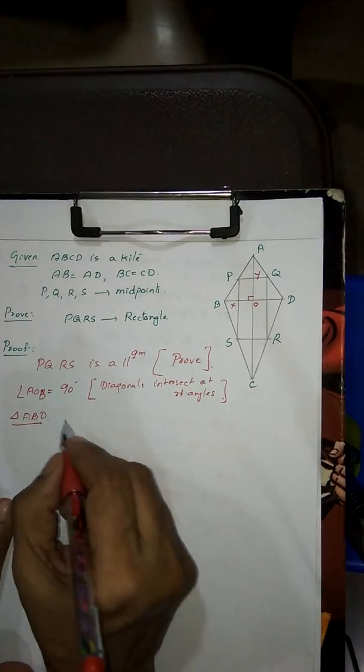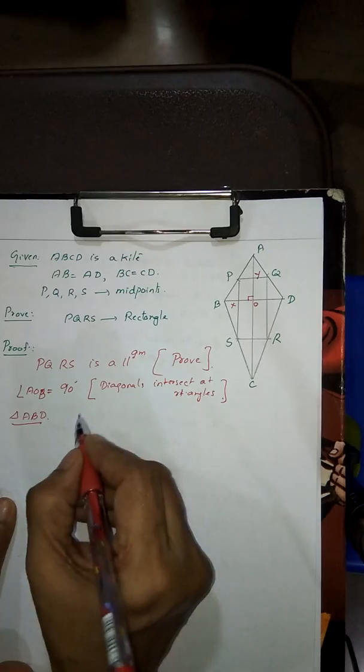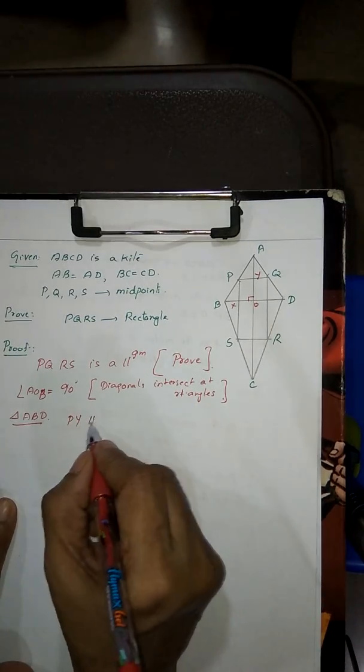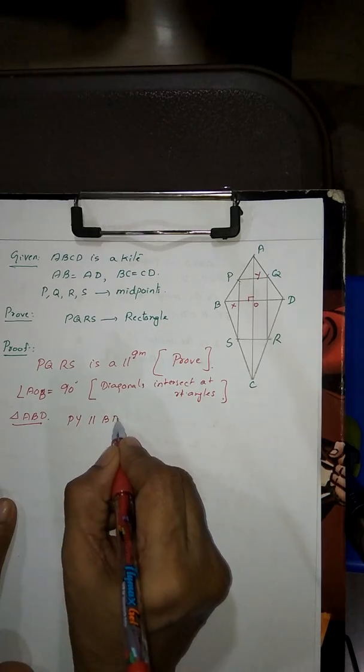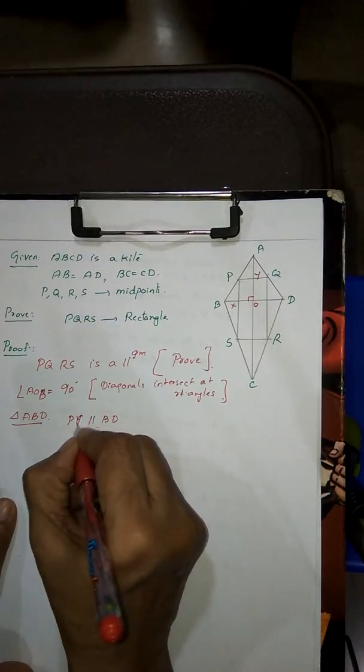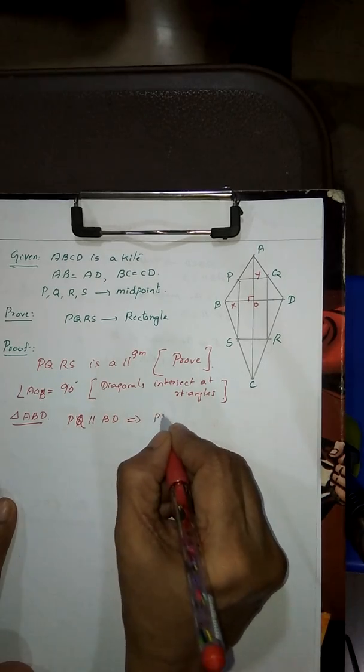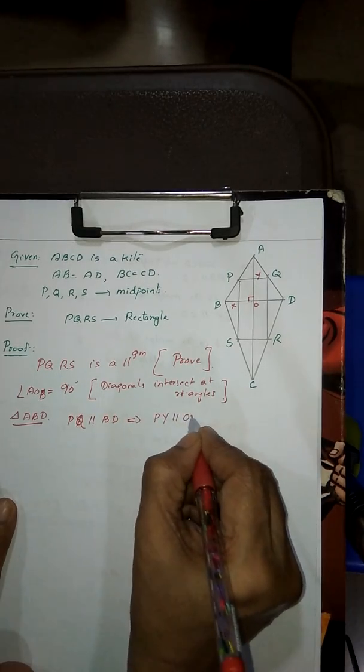From that you can say, since P and Q are midpoints, PQ is parallel to BD. From that you can write PY is parallel to OX.